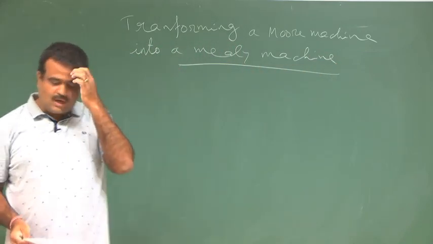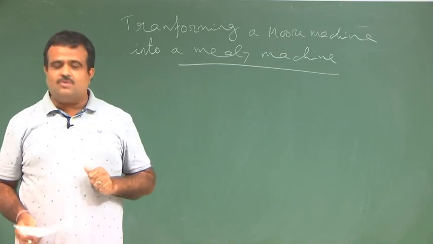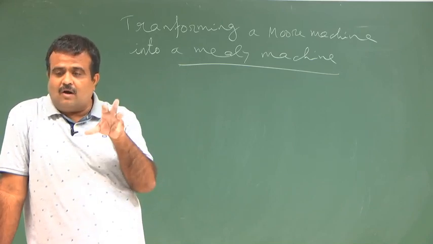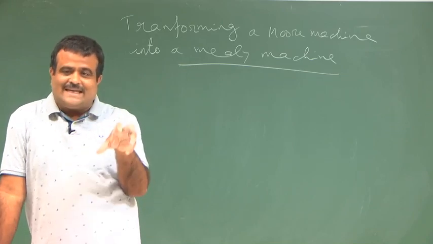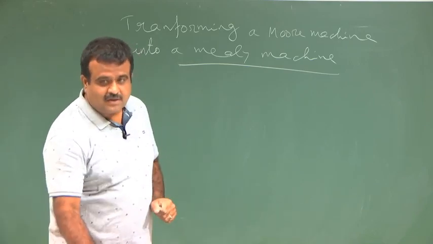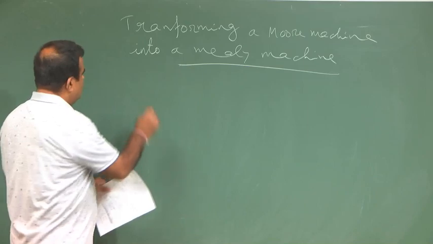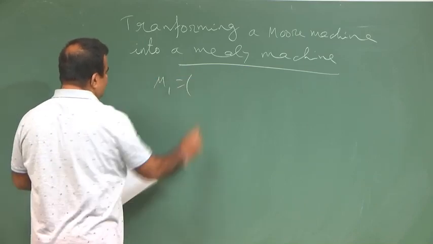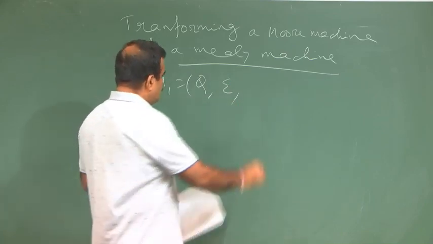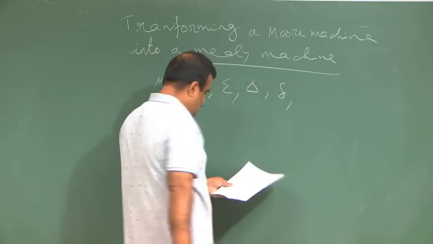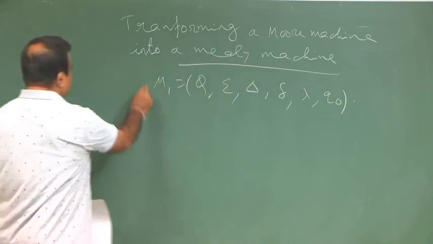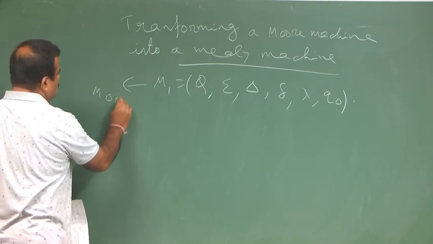In the Mealy machine, the output function is a function of the state and the input symbol, but in the Moore machine it is just a function of the state. Suppose we are given a Moore machine: Q, delta, lambda, q0. This is a Moore machine.